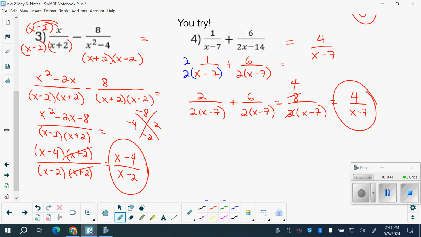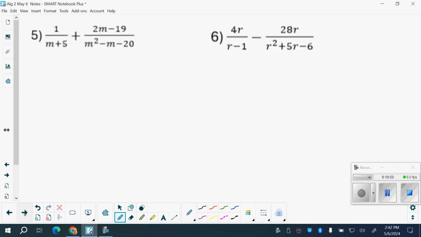Okay, on to number 5. Any questions on that before we move on to the next one? Okay, so either one of these denominators factor. Yeah, which one factors?